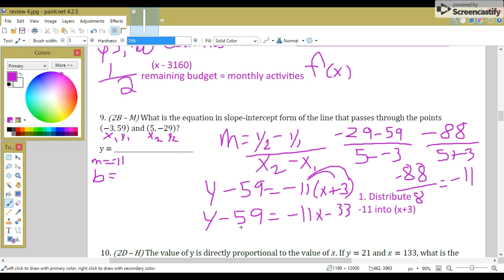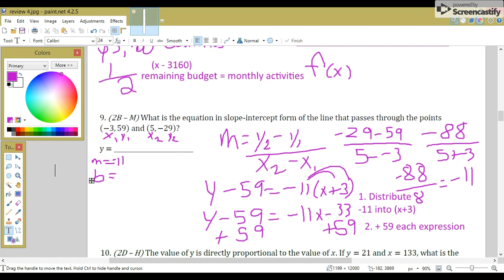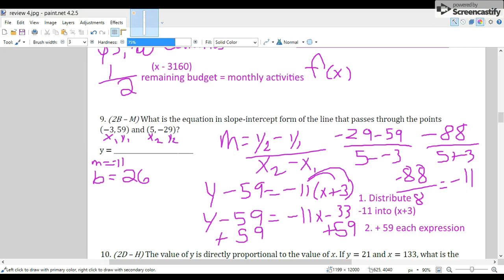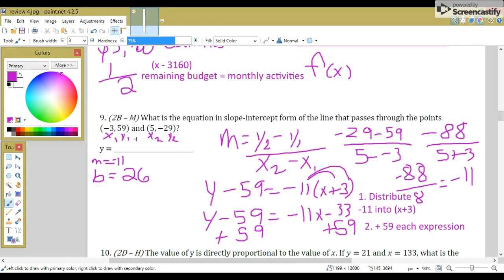To get the y by itself, we add 59 to both sides of the equation. So we have b equals 26 because 59 minus 33 is 26. So our slope-intercept equation is y equals negative 11x plus 26.